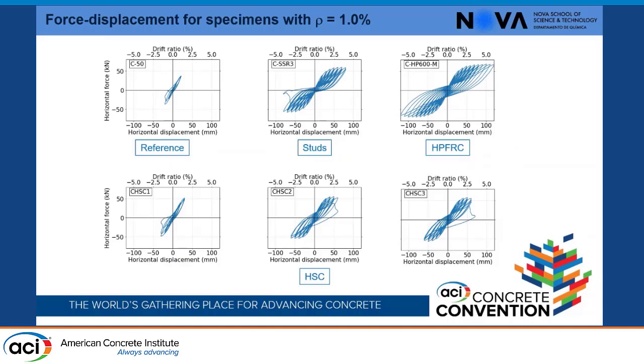For the 1% ratio, the reference specimen had more or less the same behavior as for the 0.6. Then the studs reached 4% maximum drift, and once more the high performance fiber reinforced concrete didn't reach failure.